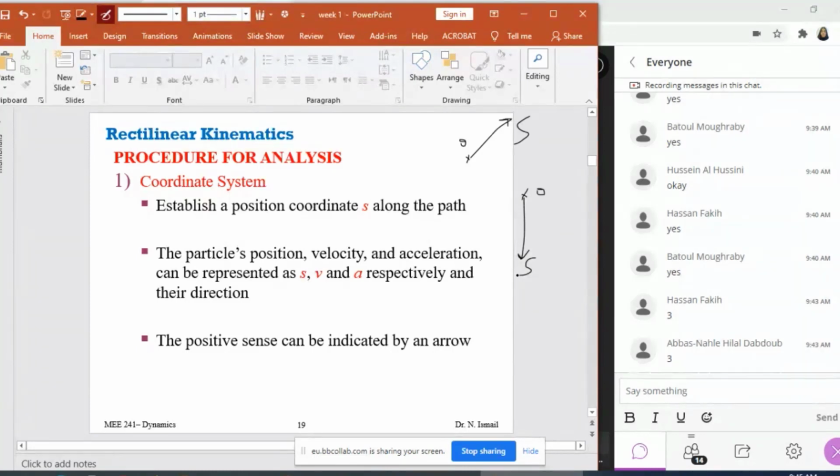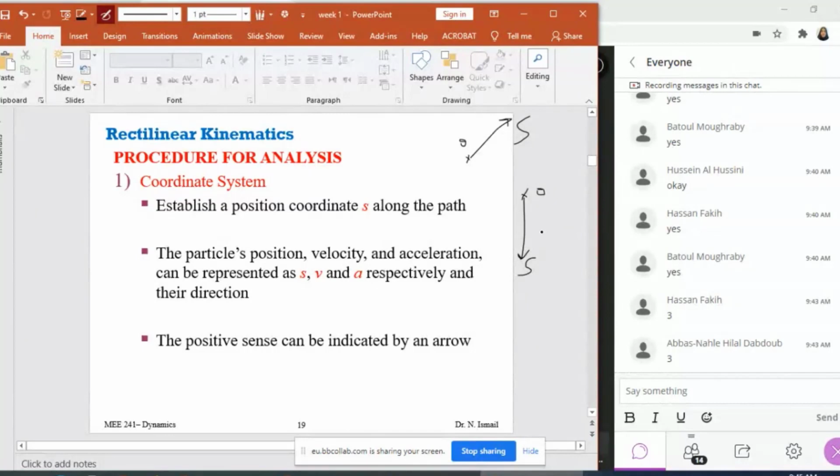If the motion is to the right, take it to the right. If the motion is to the left, take it to the left. If you don't know what is the direction of the motion, you have to assume any positive direction of S, and then you can solve the problem. All right, guys? Then you have to know, guys, that let's say I took this positive direction.